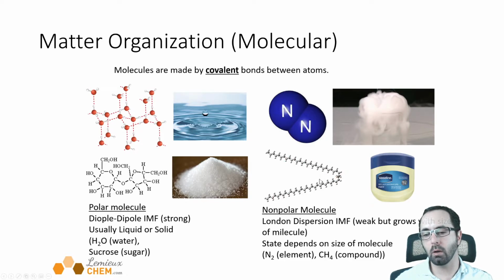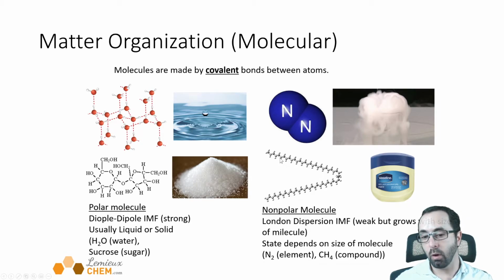If you have a hydrocarbon molecule with like 20 carbons and 40-something hydrogens, because of the large molecule, it's going to have relatively strong London dispersion forces. So you can see that for a small molecule like nitrogen, the London dispersion forces are very weak. And so it's a gas at room temperature. It has a very low boiling point.